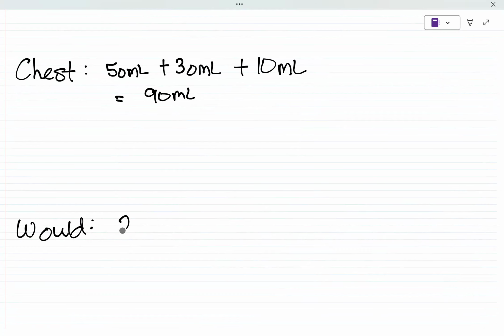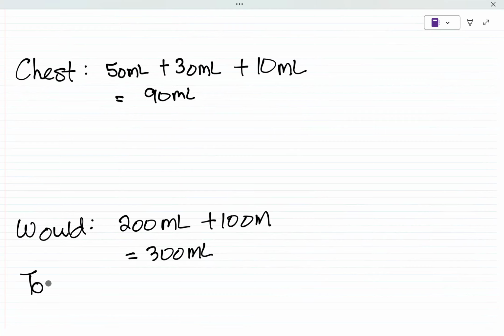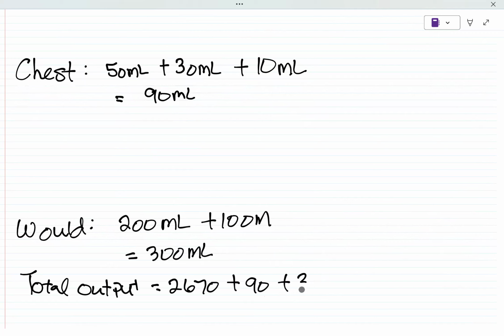It was 200 milliliters plus 100 milliliters, total of 300 milliliters. So your total output, if you add them up, 2670 plus 90 plus 300 should give you a total of 3060 milliliters.